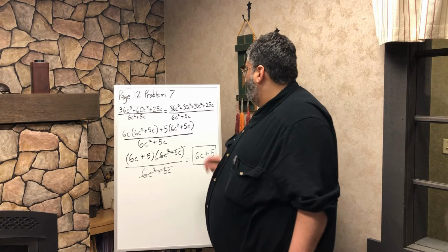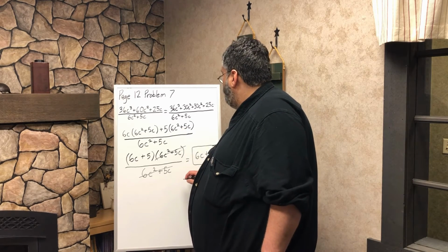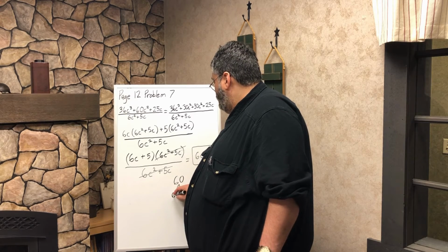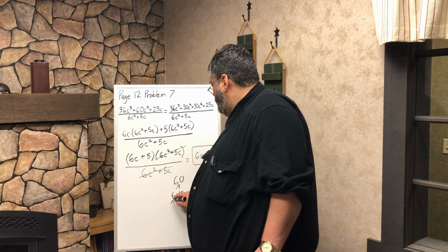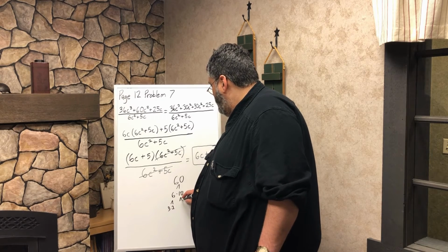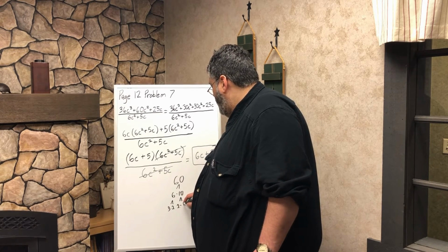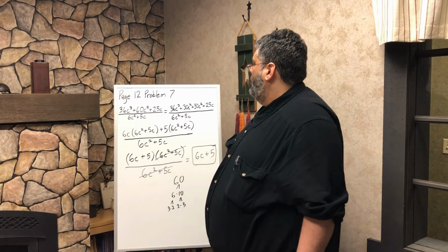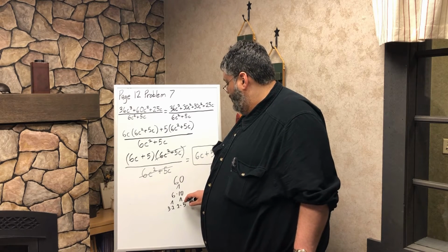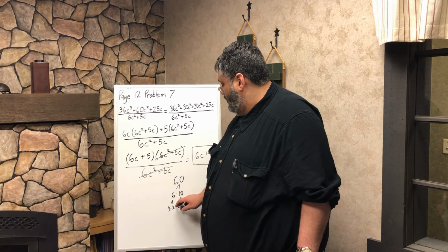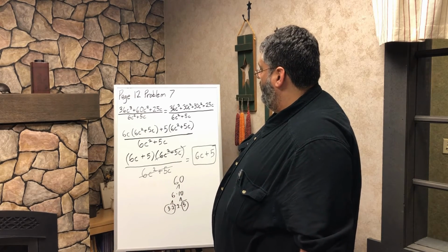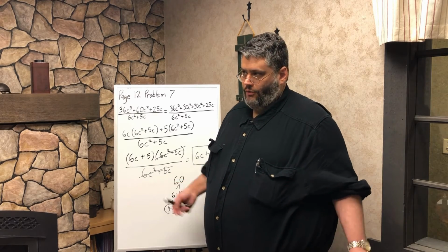And the reason why this works is because when we factor 60, that factors into 6 times 10, and 6 is 3 times 2, and 10 is 2 times 5. So basically this 6 and this 5, and the 2 can go on either side, depending upon how this is going to work out.